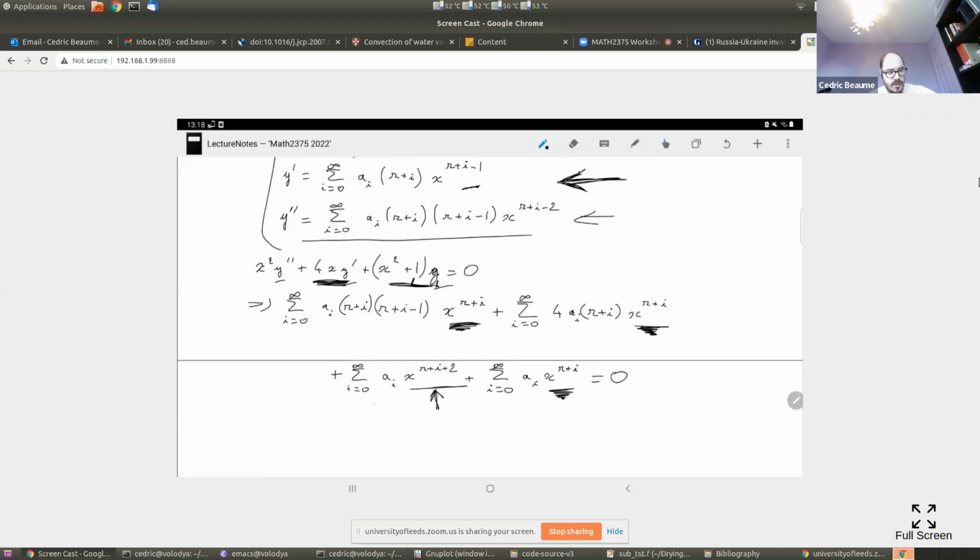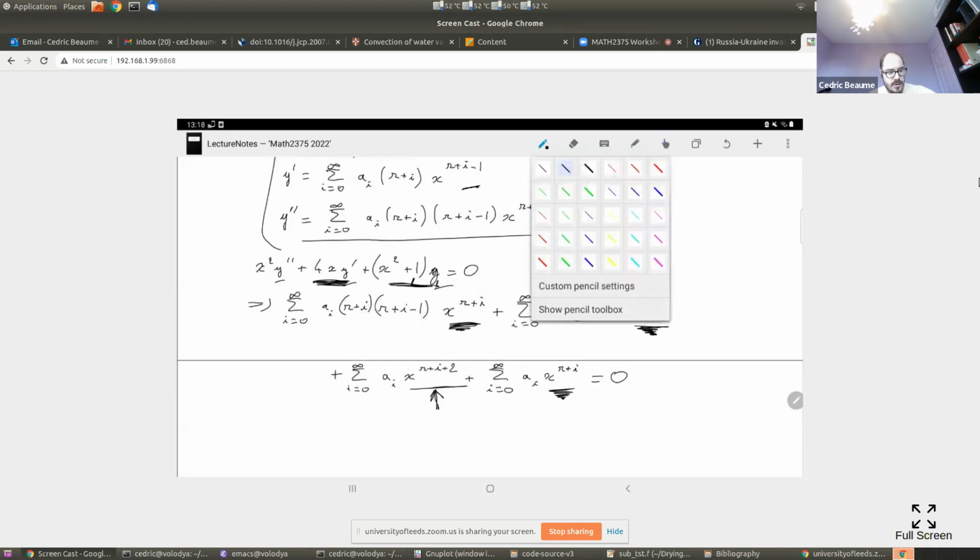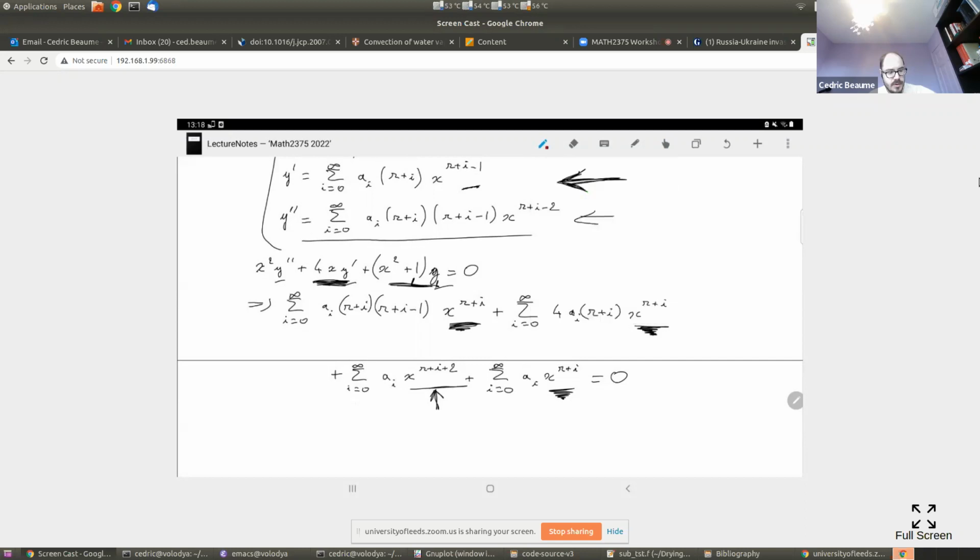Instead of writing that sum from i equals 0 to infinity, in fact, here you can see that it starts at 2 and goes to infinity. So instead of starting from 0 to infinity, I can just say i equals 2 to infinity, okay? And I'm going to have x to the r plus i, corresponding to the same term that I wrote in black.